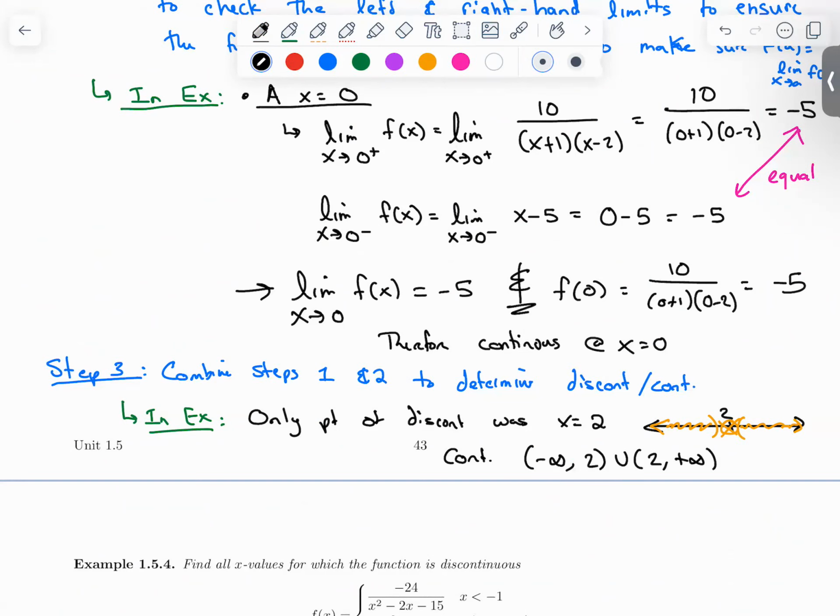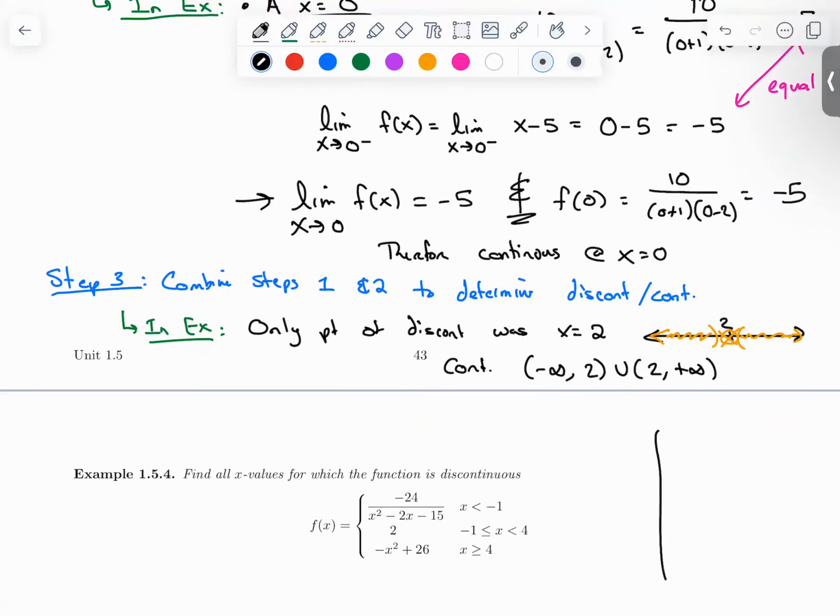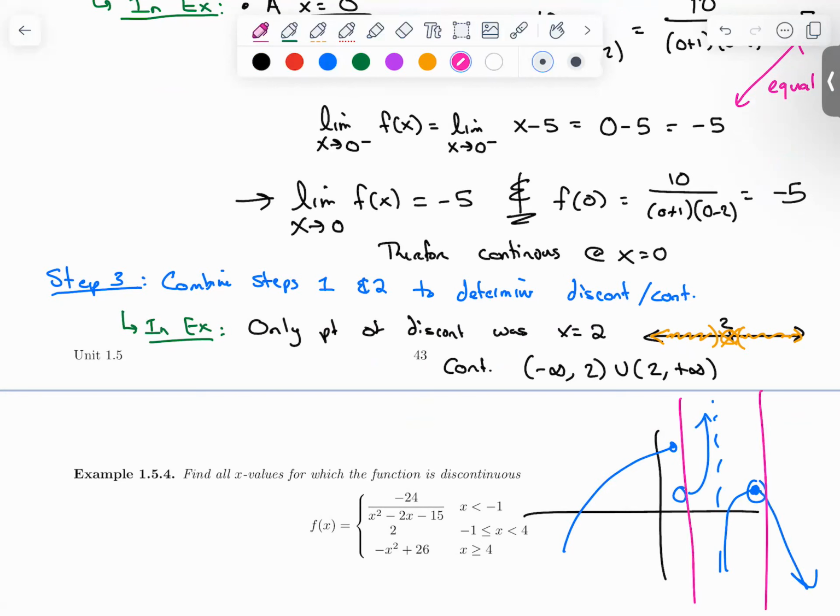Once again, the reason why we did it this way is we needed to check the continuity of each piece, because when you're graphing a piecewise function, if you remember graphing them, you end up having pieces that look like this. There are 3 pieces here: the first piece, the middle piece, and the right piece.